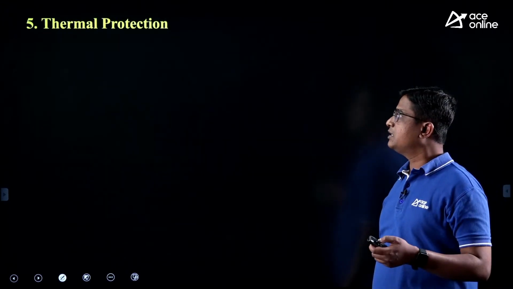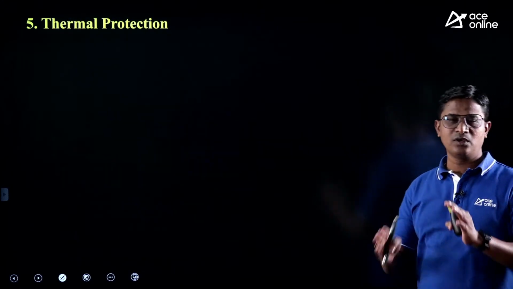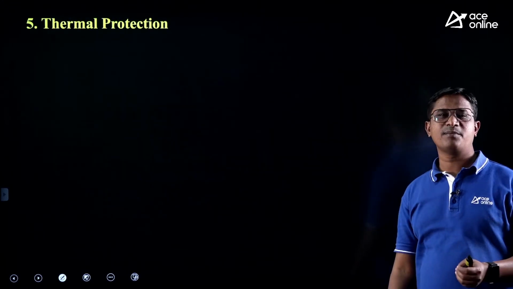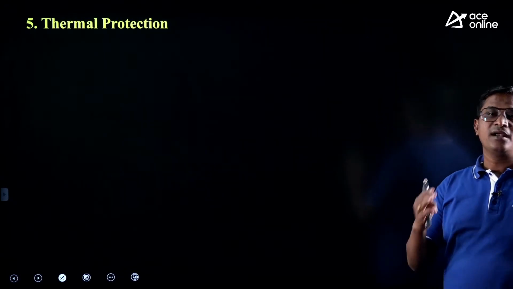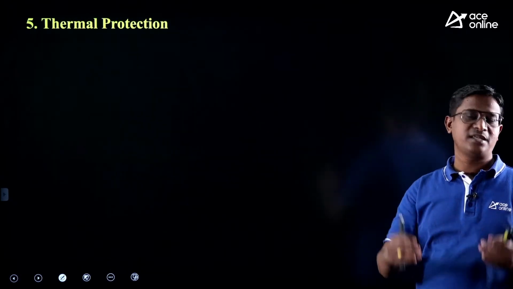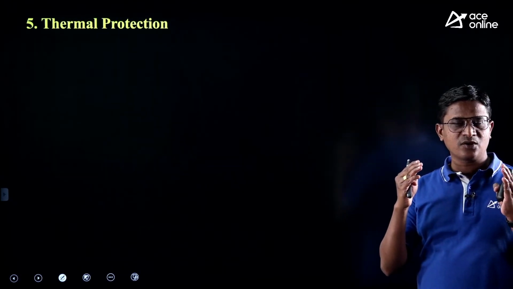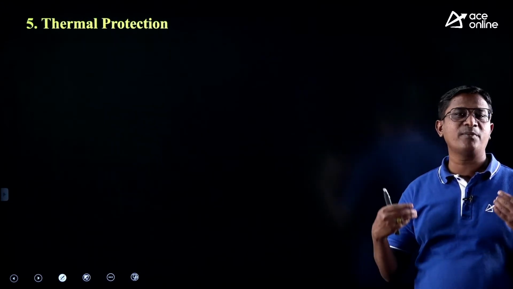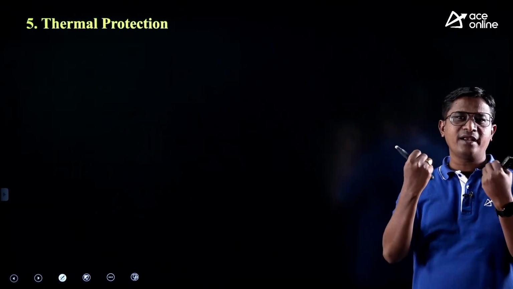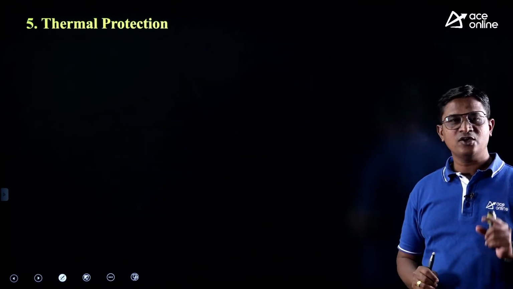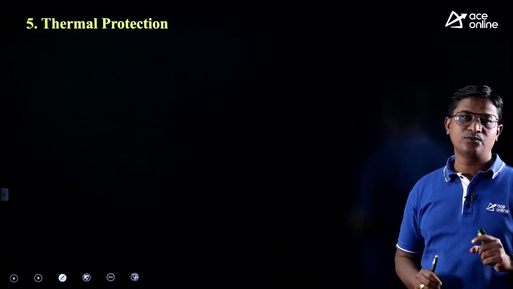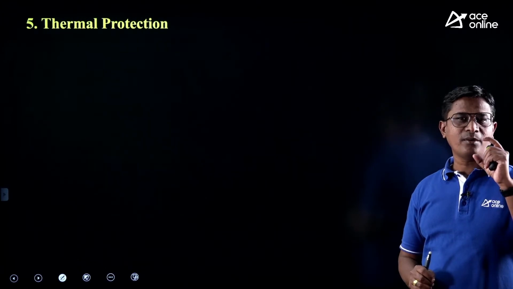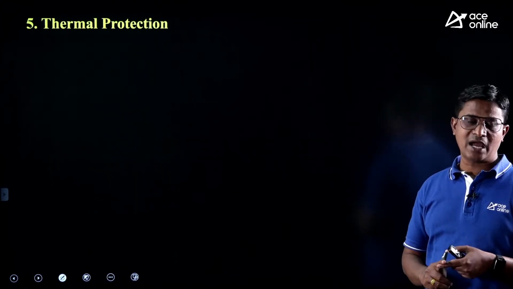And thermal protection, in order to limit the temperature, because every semiconductor device has some temperature withstanding capacity. If the device temperature goes beyond the maximum allowable temperature, your device may get damaged permanently. So we need to protect the device from high temperature.